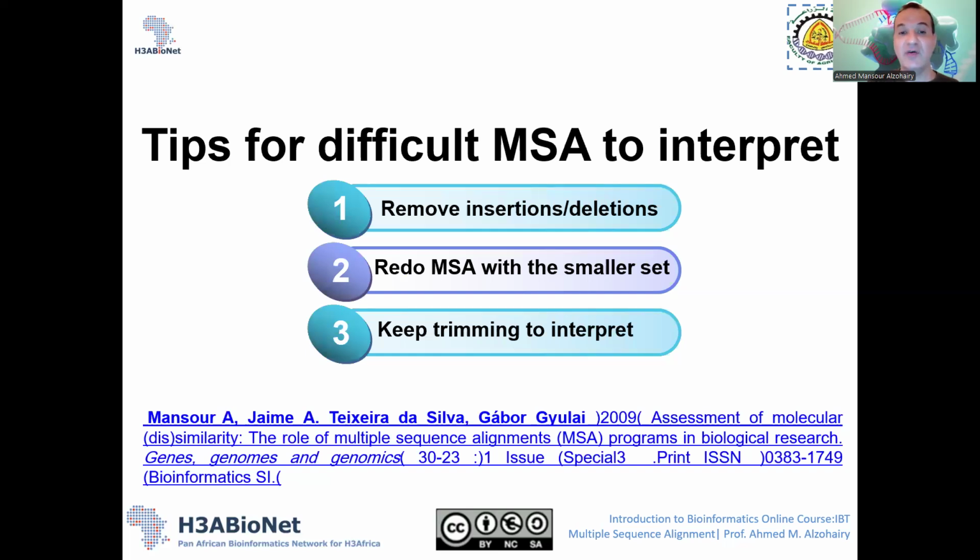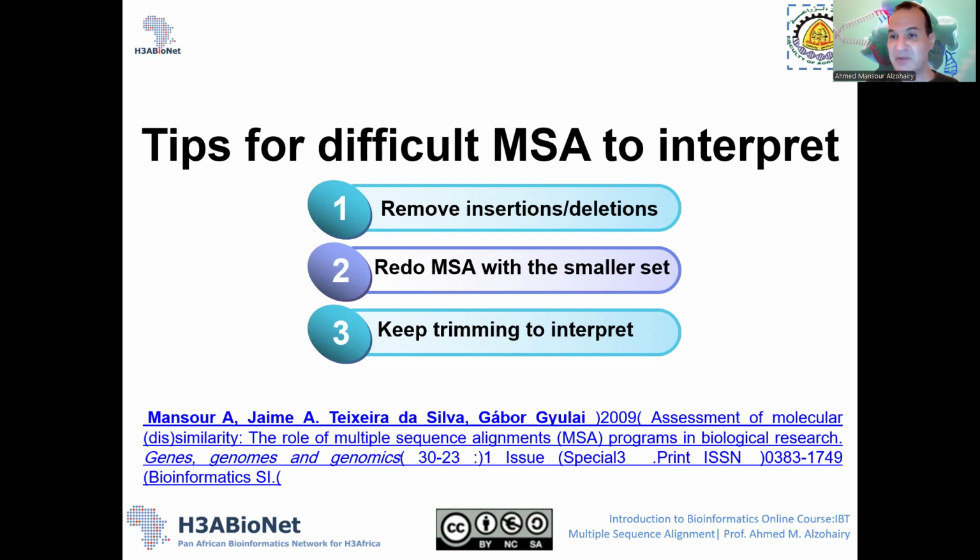Also, for a difficult multiple sequence alignment to interpret, you have three very important tips. One of them is to remove insertions or deletions, and we will tell you how, because it's very important to understand where and how to do it. Redo the multiple sequence alignment for a smaller set. If you have a smaller set, you can know which of your sequences is causing trouble in the alignment.